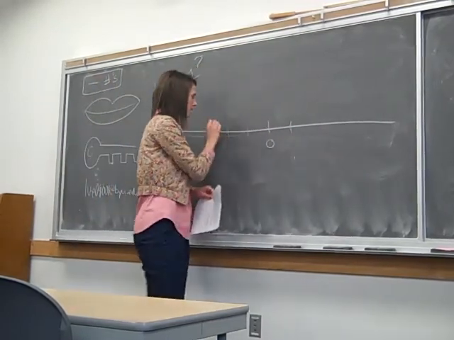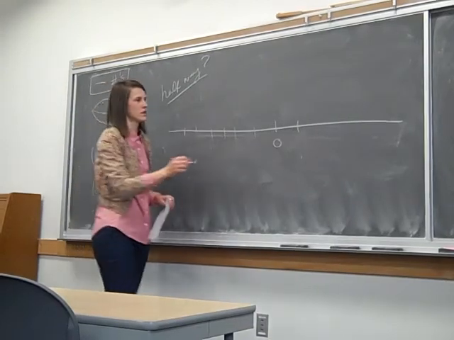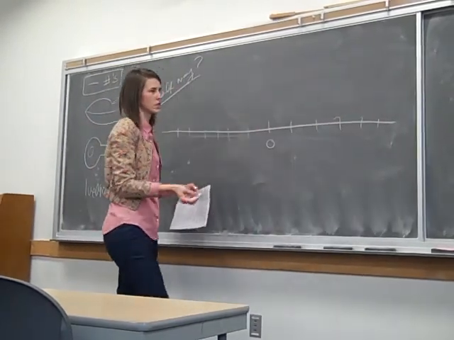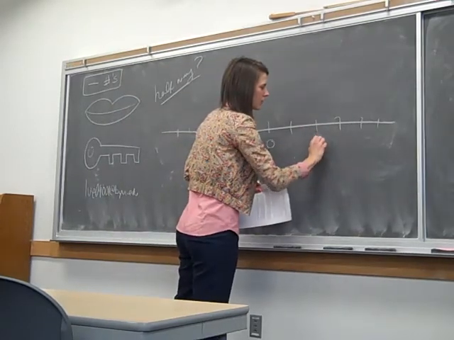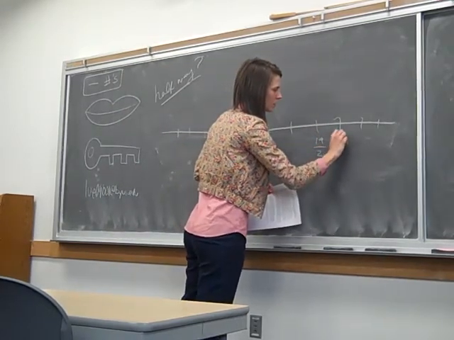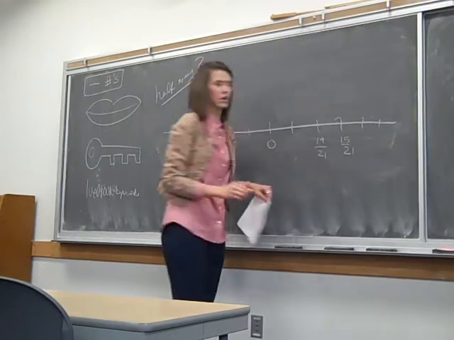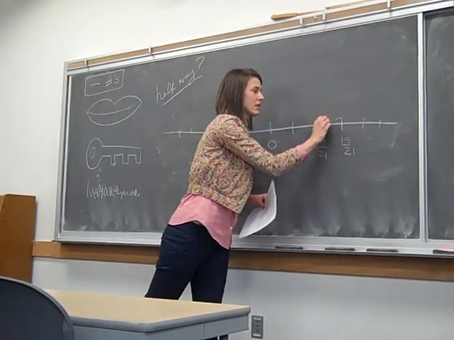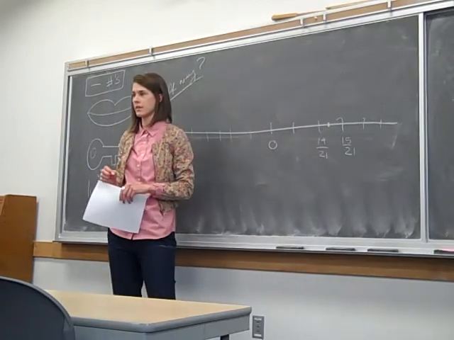Say we have a number line. We found, say we had 14 over 15, 14 over 21, and 15 over 21. And we were able to find the halfway point. That means there's another number that exists on this line, right?